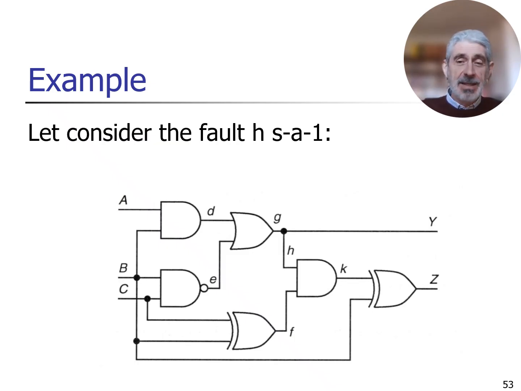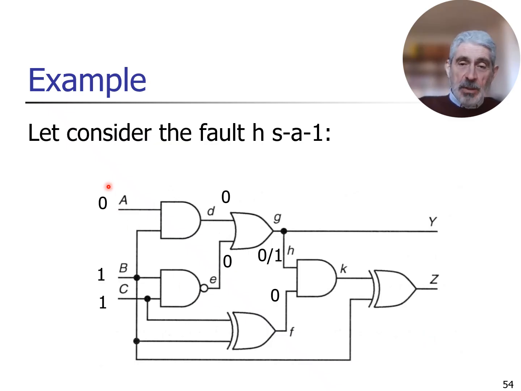This means that we practically forced all inputs to a specific value. In order to force this error on H, I forced A to 0, B to 1, and C to 1. That was strictly required. Now, the problem is that if I look at this value, I discover easily that B and C forced to 1 will produce a 0 on F. And this will block the propagation of this error towards the output.